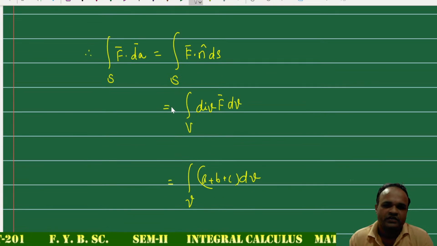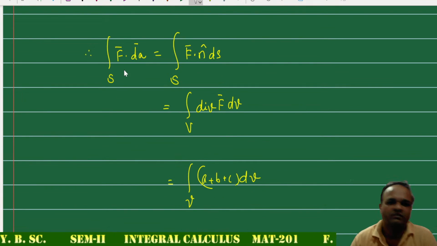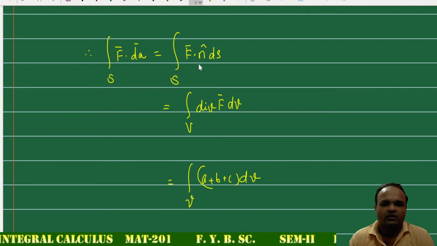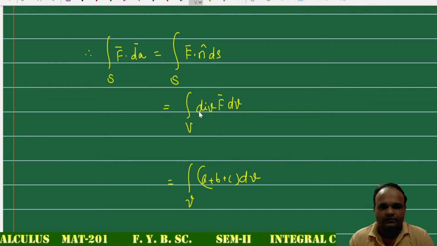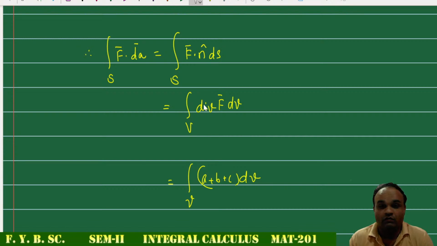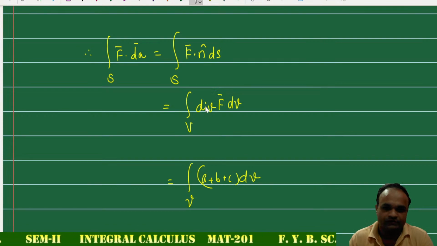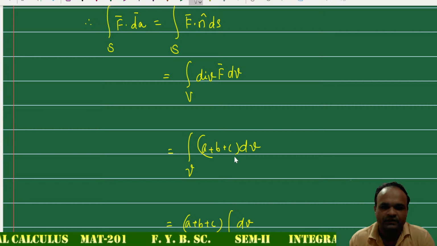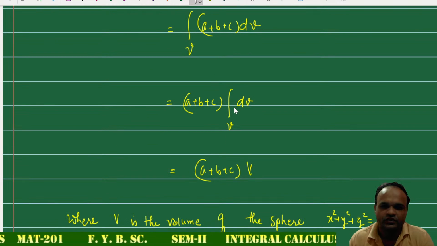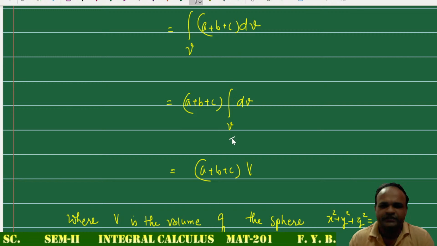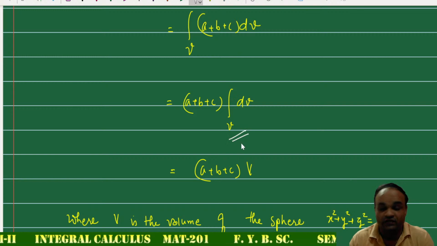By the Gauss divergence theorem, the surface integral of f bar dot dS bar over surface S will be the volume integral of divergence of f bar over region V. Here divergence of f bar is a plus b plus c, so you can take this outside of the integral because you are integrating with respect to V. And what is the integral of dV over V?